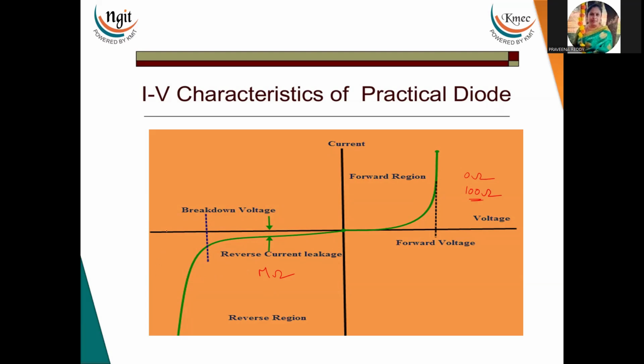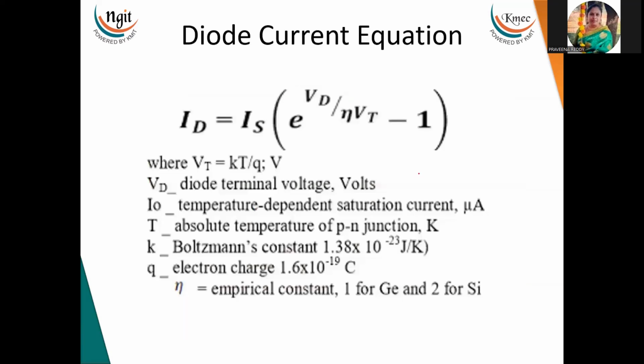And for these characteristics, the current flowing through the diode we can calculate by using the diode current equation. Diode current ID is equal to I naught or IS, saturation current or temperature dependent saturation current, I naught or IS, both we can denote.